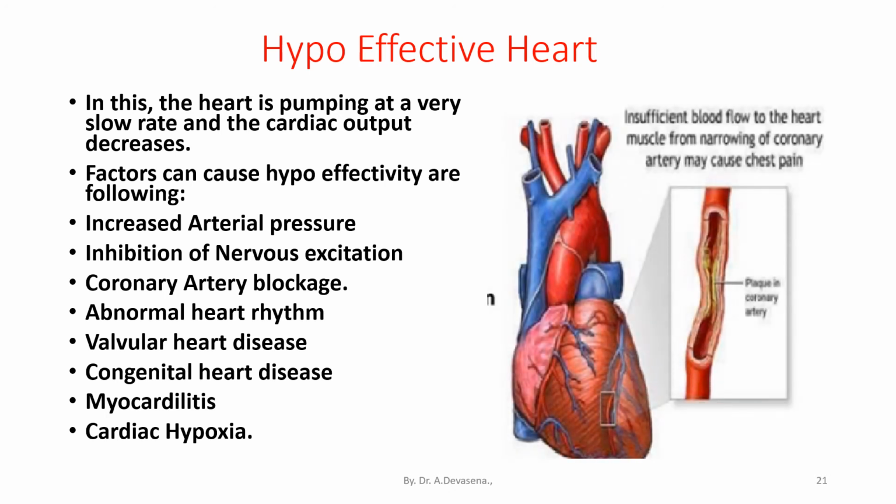This is the representation of hypoeffective heart. In here, insufficient blood flow to the heart muscle from narrowing of a coronary artery may cause chest pain. It is indicated here.